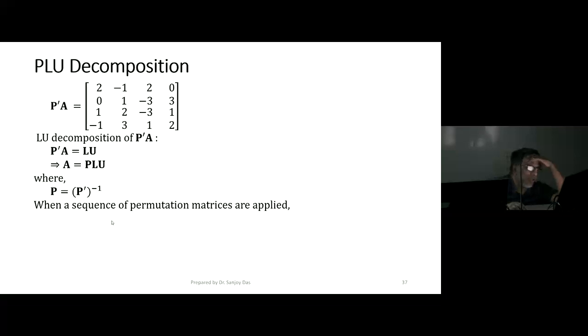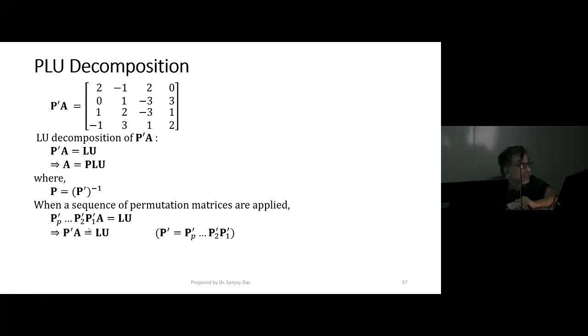Now, when you apply the PLU algorithm, that would be like pre-multiplication with a sequence of permutation matrices. So this is what the algorithm would have done. Before doing the LU decomposition, it would have pre-multiplied with all these matrices.